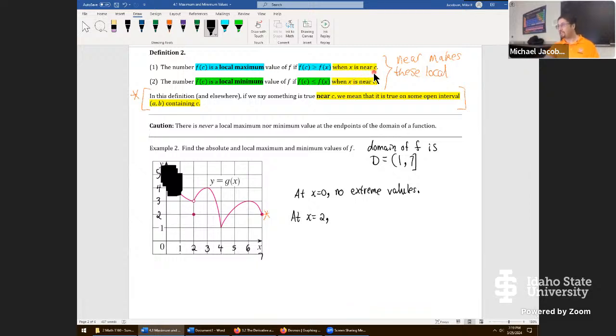So here's how we convey it. We don't care about anything happening on that side of the graph, nor that side of the graph. We just want to be near 2. We could put an open set conveyed by the yellow highlighter near 2, or if we can draw it in temporarily if we like. And this is what we mean by near 2. If we're in the vicinity of nearby 2, that function value by the red dot, would you call that a minimum or a maximum?